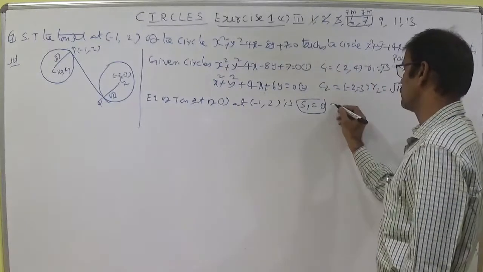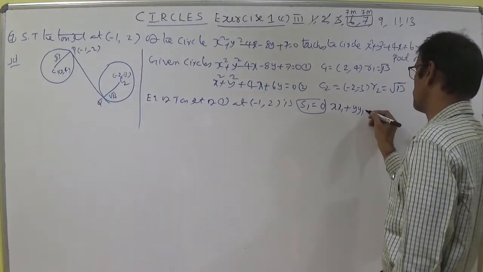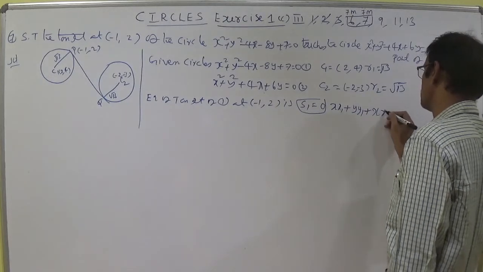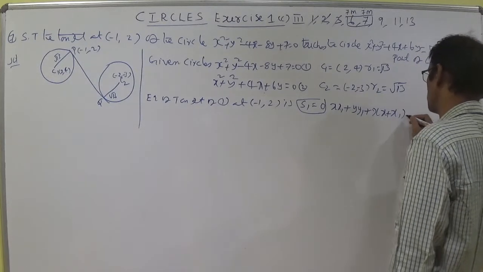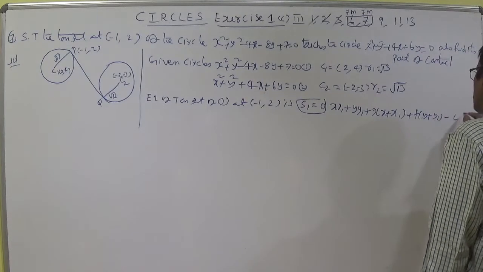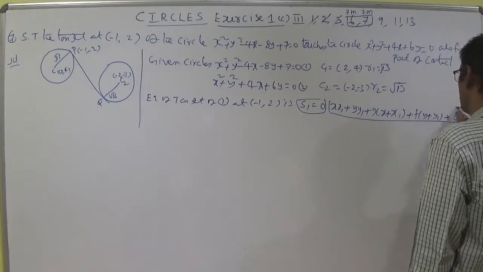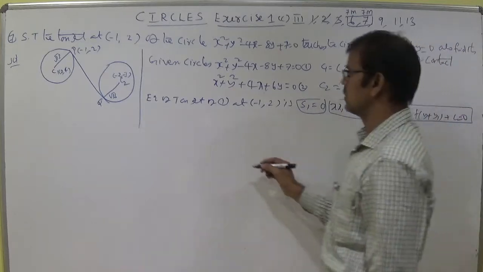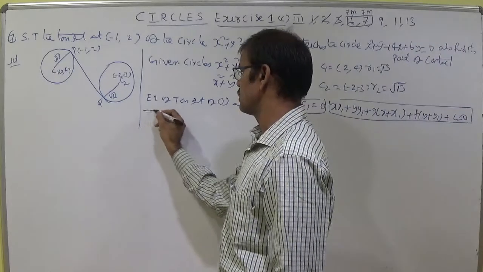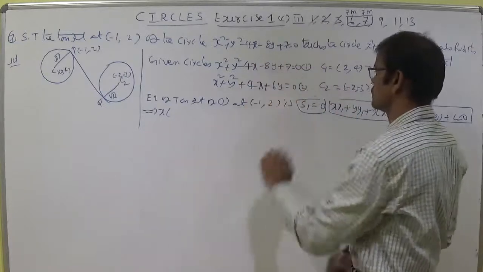The notation is x x1 plus y y1 plus g(x + x1) plus f(y + y1) plus c is equal to 0. This is the notation, using the first circle.